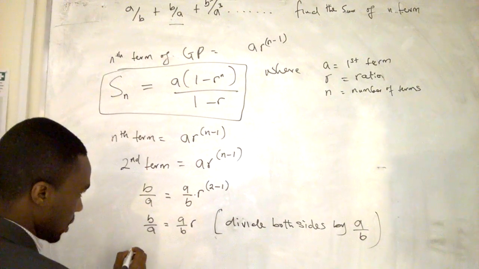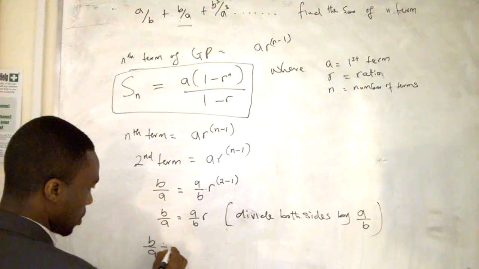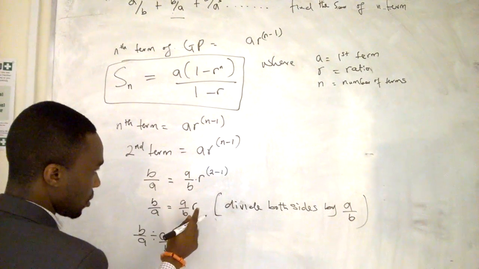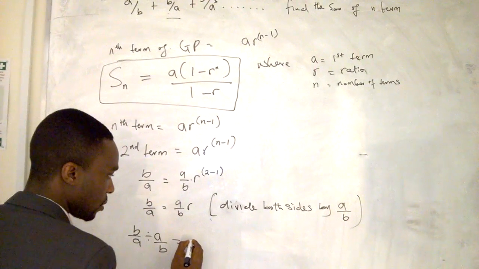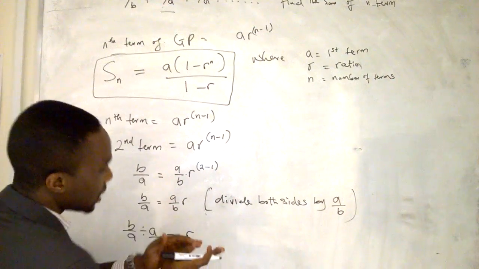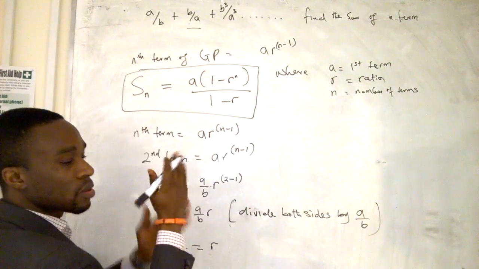So what we're saying is B over A divided by A over B equals, if you divide A over B by A over B, what you'll be left with is R, because they cancel each other. A over B divided by A over B, the number divided by itself will result into 1.